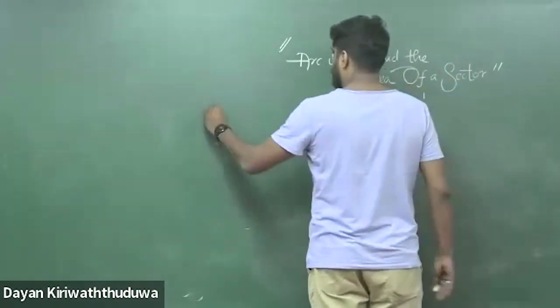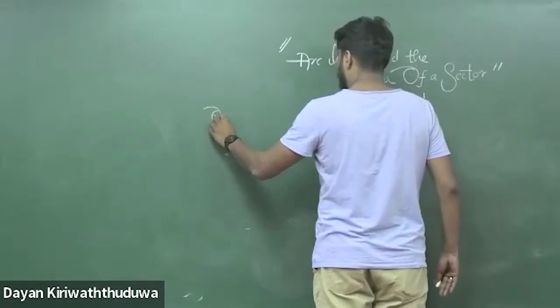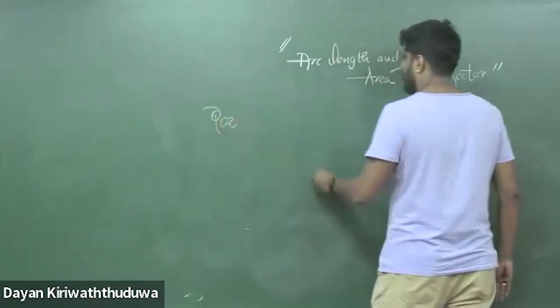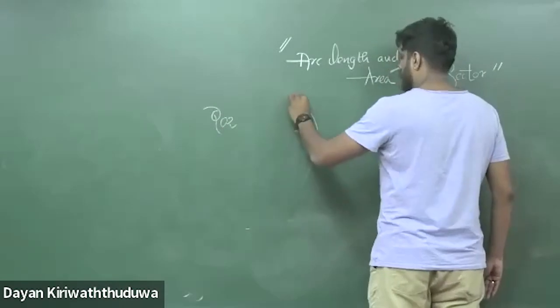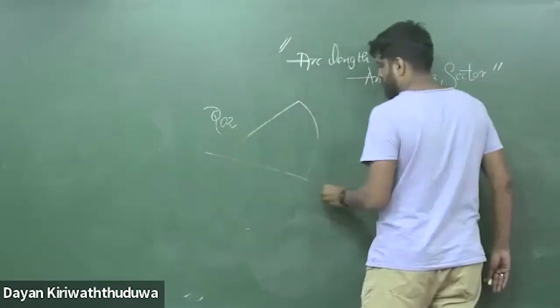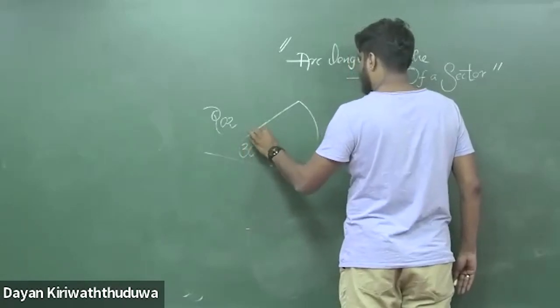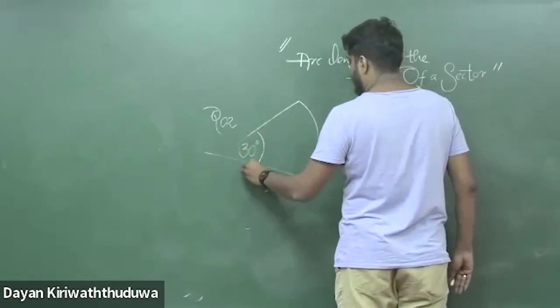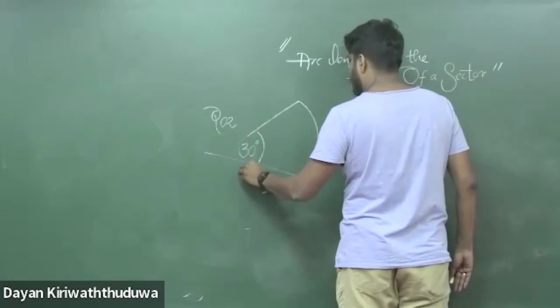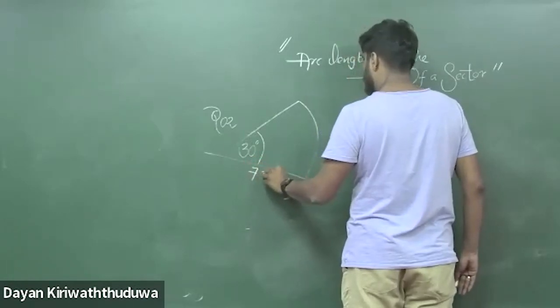Question number 1. Actually 2, right? Question number 2. Let's say this is 30 degrees, and this length is 7 units. I mean the radius.